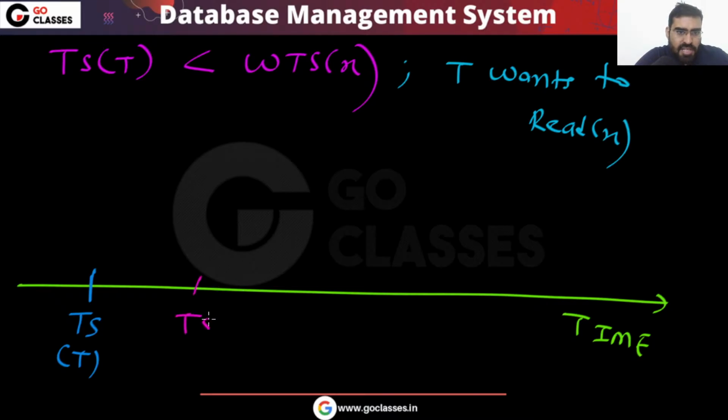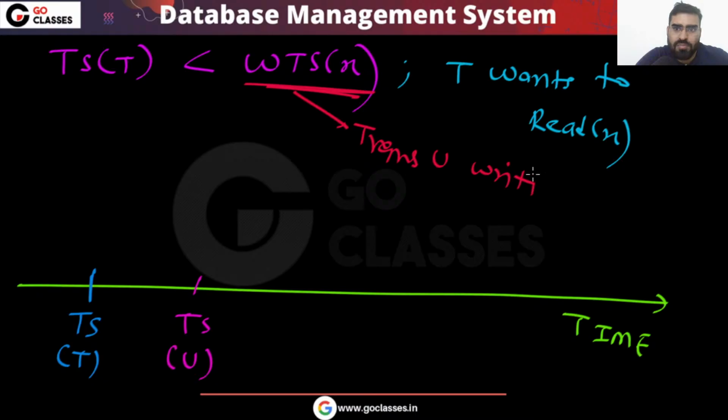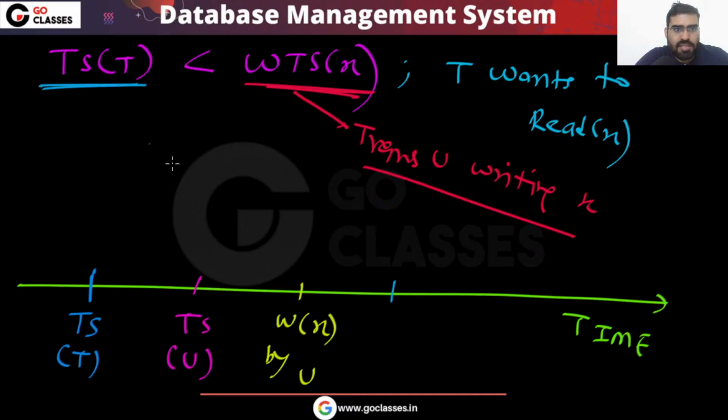After this, some transaction U started. Maybe U is writing X. So here write X is done by U. After this, transaction T wants to read X. So definitely this is not allowed.